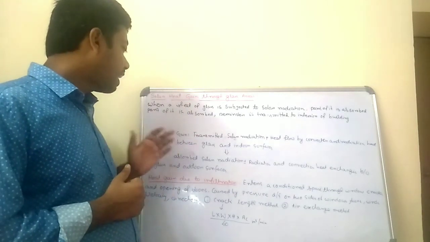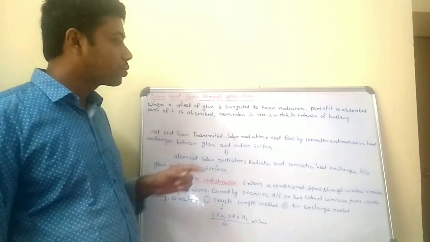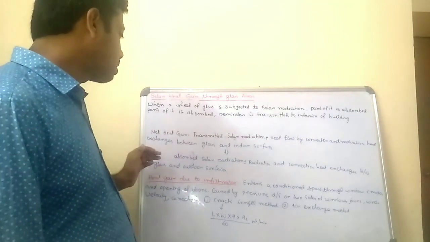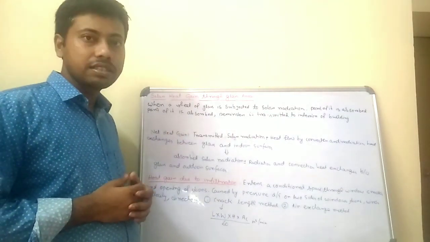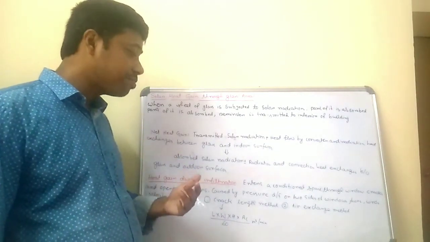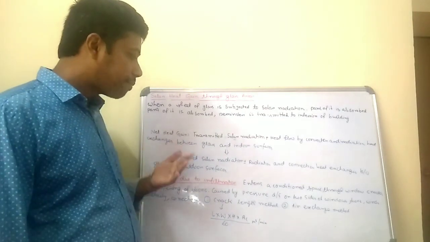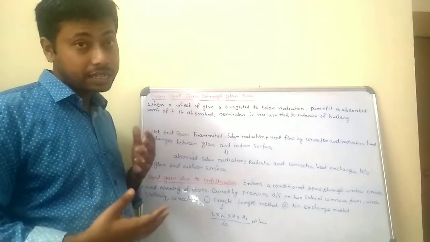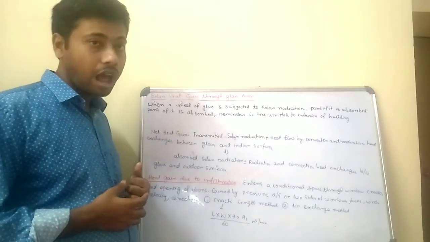So the net heat gain is basically the summation of transmitted solar radiation and heat flow by convection and radiation exchange between glass and indoor surfaces. The transmitted solar radiation may be negligible, but the heat flow by convection and radiation exchange between glass and the indoor surfaces is a summation of absorbed solar radiation by the glass fibers, plus or minus the radiation and convection heat exchange between glass and outdoor surfaces.